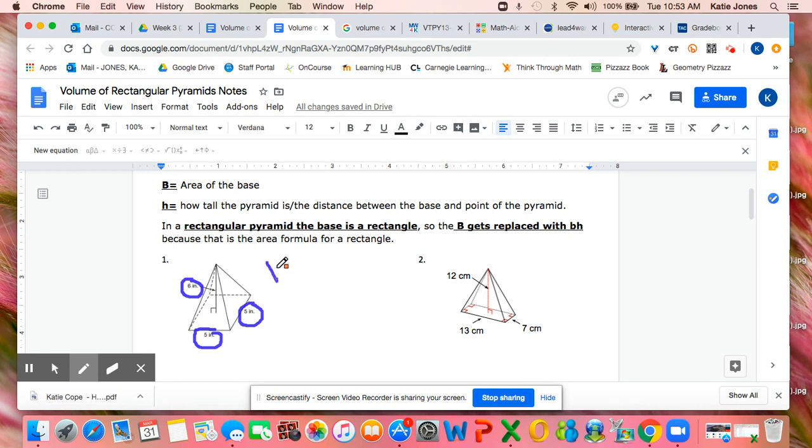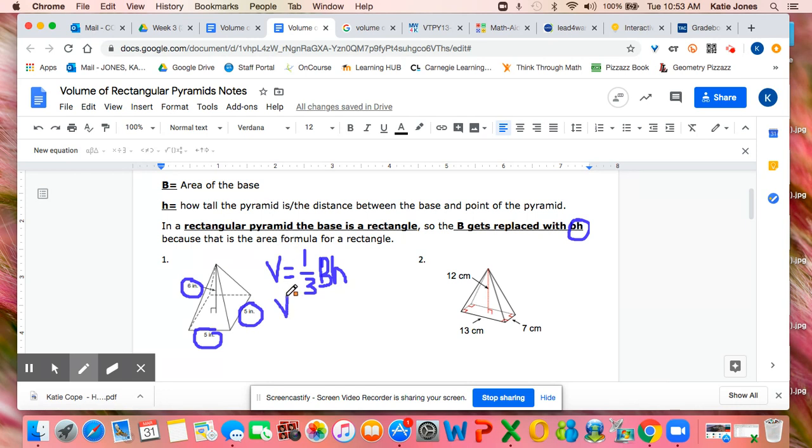So let's say we have V equals, and I know in the last videos I used a bunch of pretty colors, but to save you guys time, I'm just going to use one color. 1/3 big B, which is area of the base, times height, and we said that we're going to replace big B with BH because that's the area formula for a rectangle.